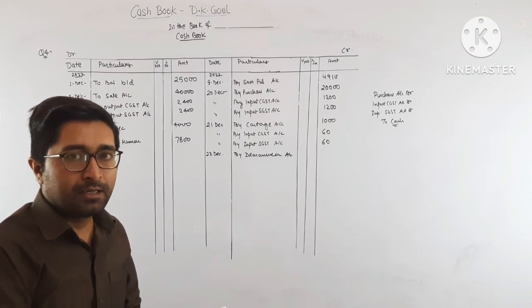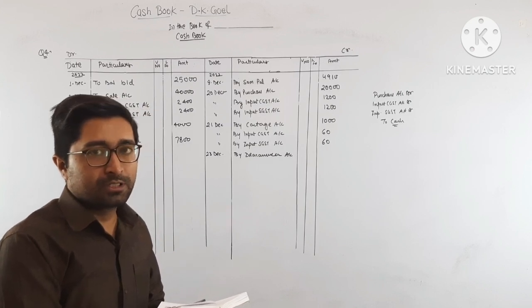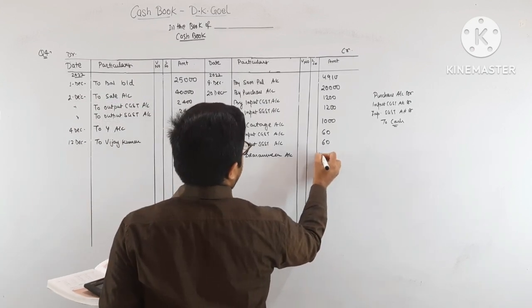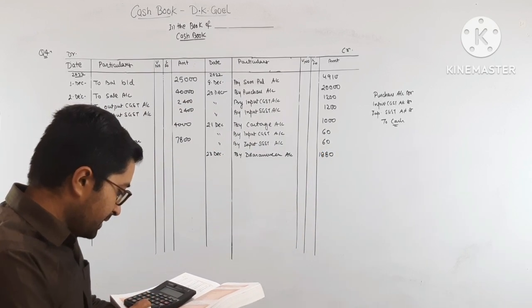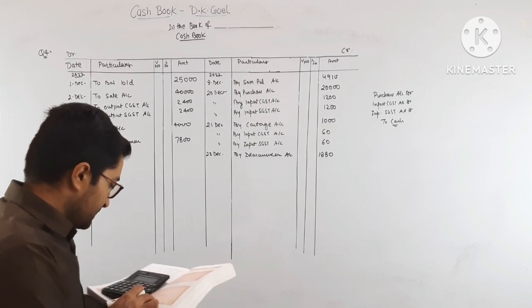We will not record the discount allowed entry. Okay, discount received or discount allowed entry. So only we write 1880 rupees. Now receive money order from MO. MO means money order. Receive money order from Mohan.